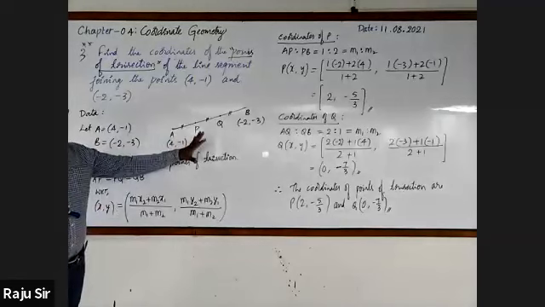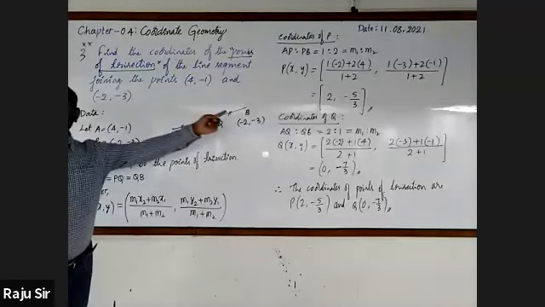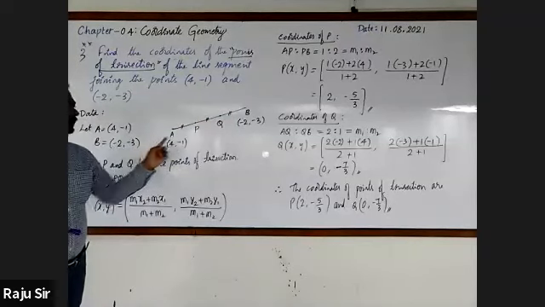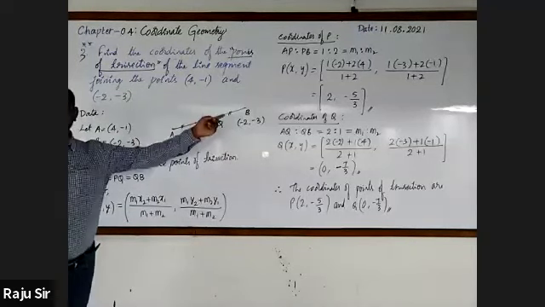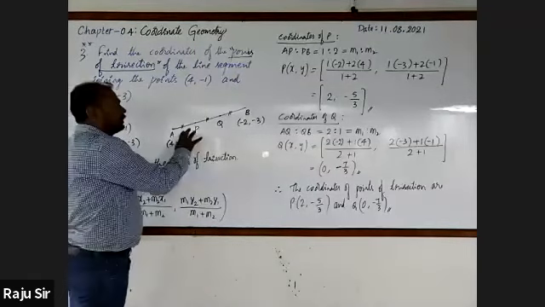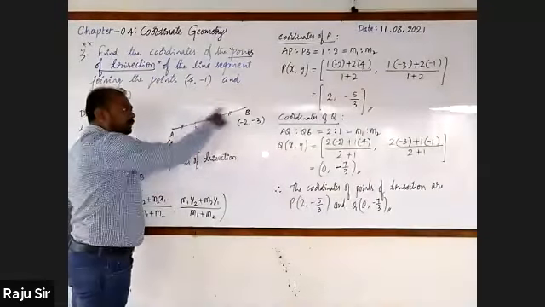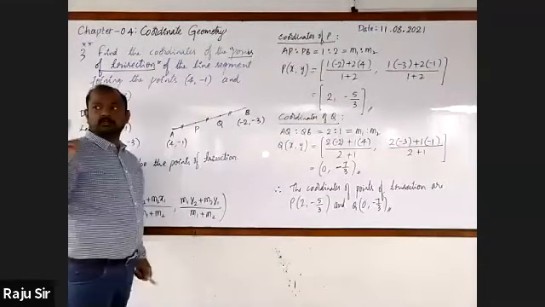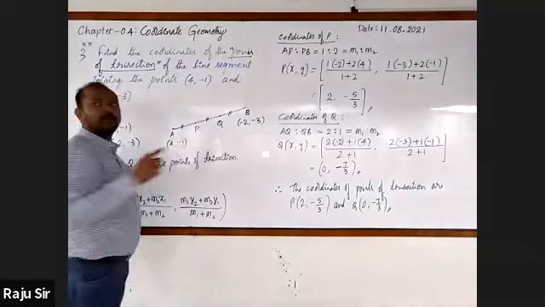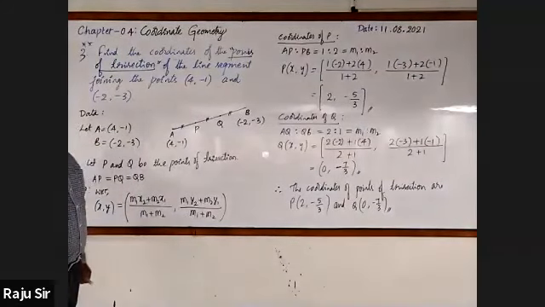It's very simple. They are given 2 points, A and B, and a line that joins AB. There are 2 points which divide the whole line segment into 3 equal parts, and these 2 points are called points of trisection.